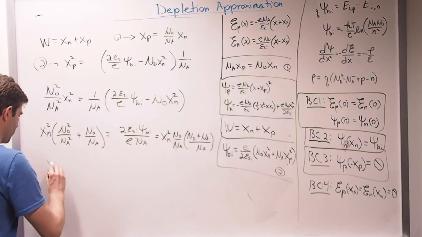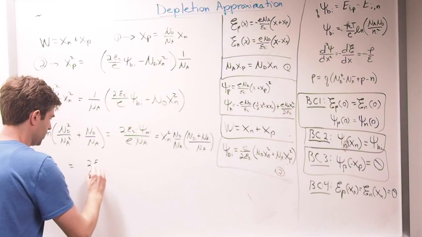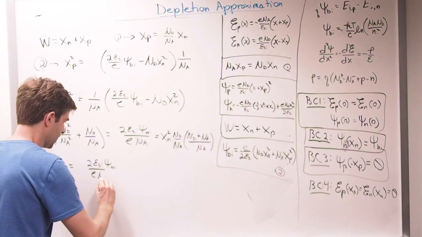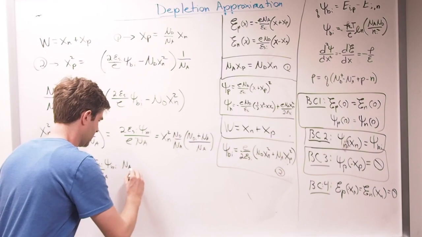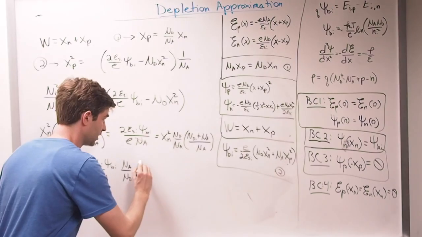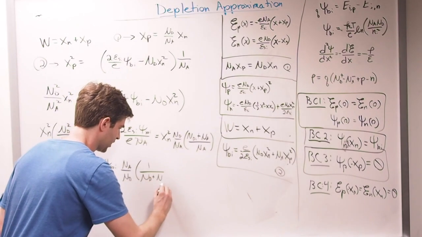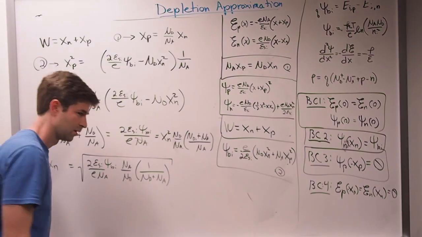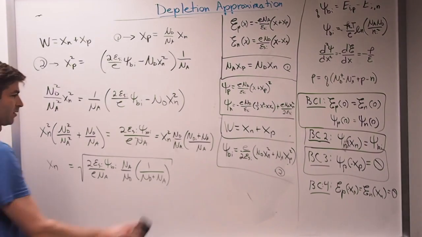So x_n is equal to 2ε_Si ψ_bi over e N_A times N_A over N_D times 1 over N_D plus N_A, entire quantity square rooted. Oh my god, why algebra?